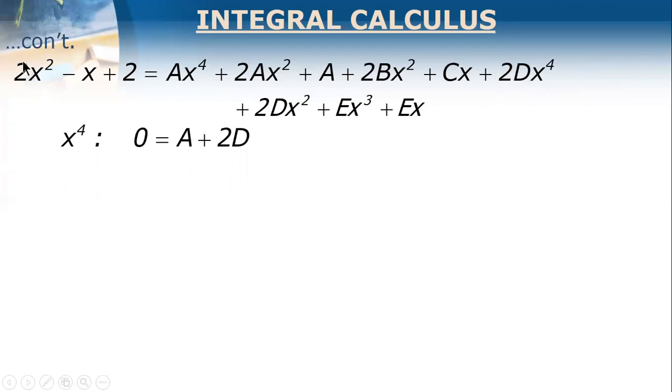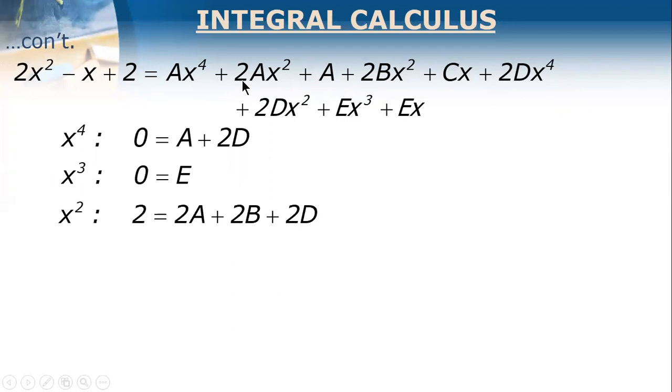And then next, x cubed, 0 again on the left, E on the right. And then x squared, you have 2 on the left. On the right, we have 2A plus 2B plus 2D. And then for x, we have negative 1 on the left. On the right, we have C plus E. And then for the constant, you have 2 on the left, A on the right.